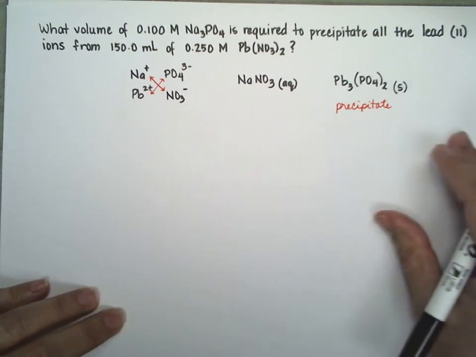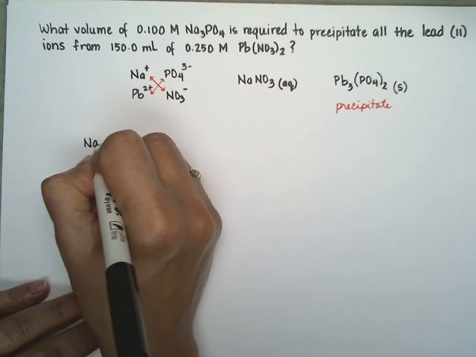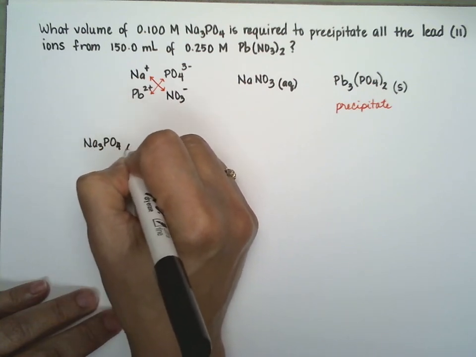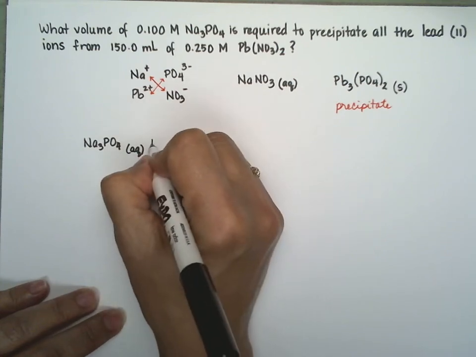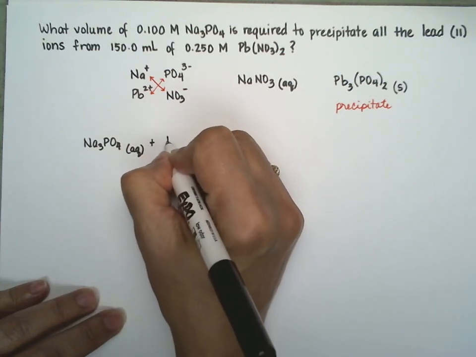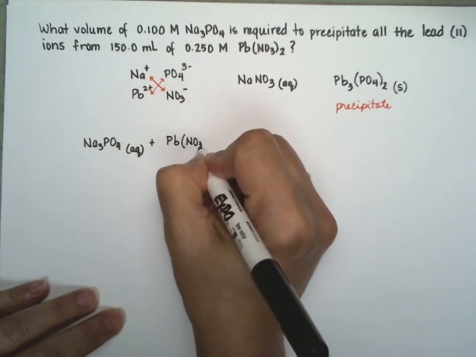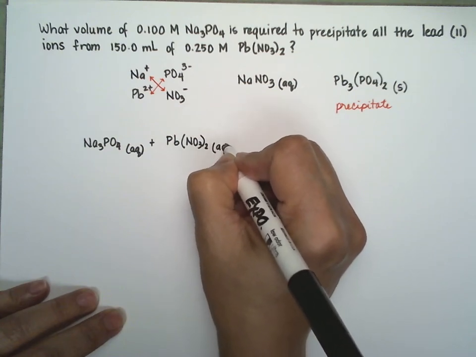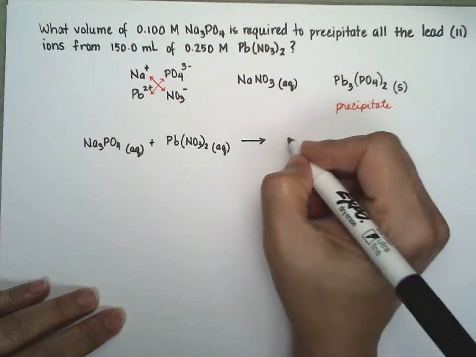So we're ready to write our equation. So we have sodium phosphate, soluble, so it's aqueous, reacting with lead nitrate, soluble, so it's aqueous, forming our solid.